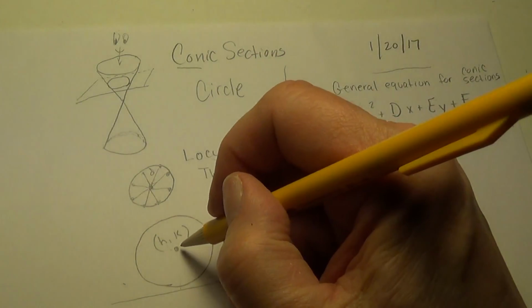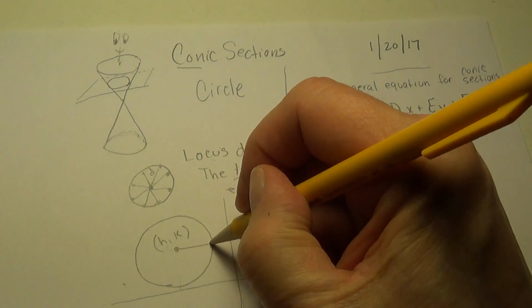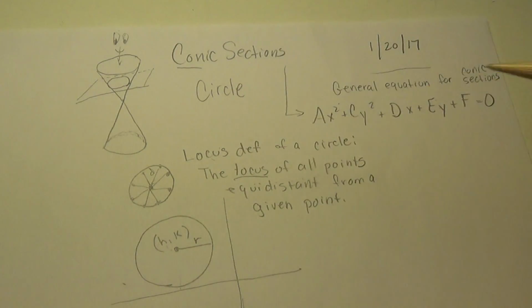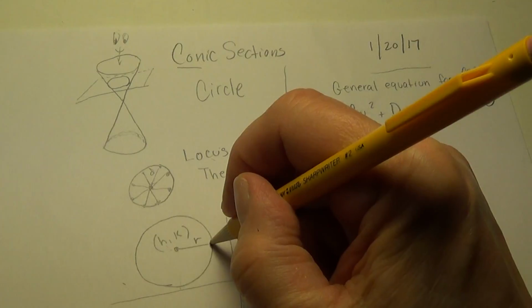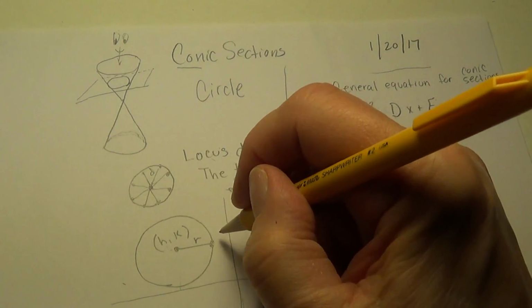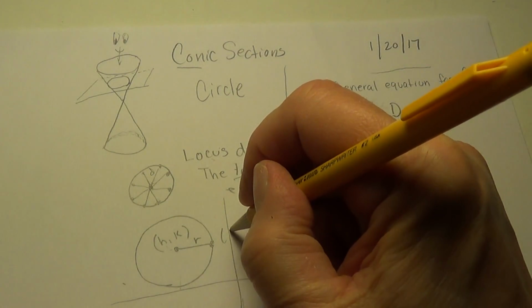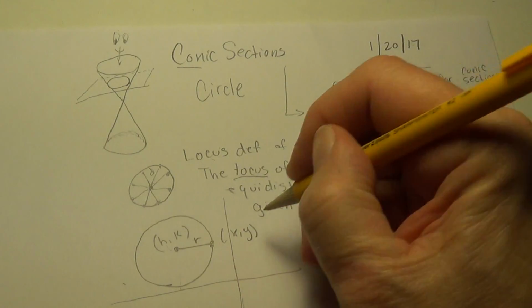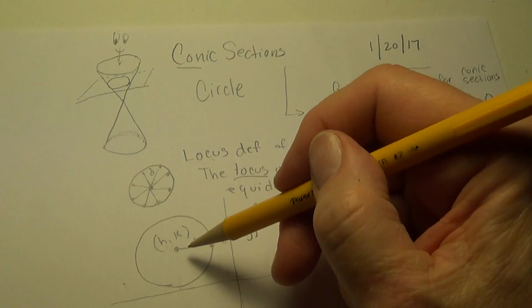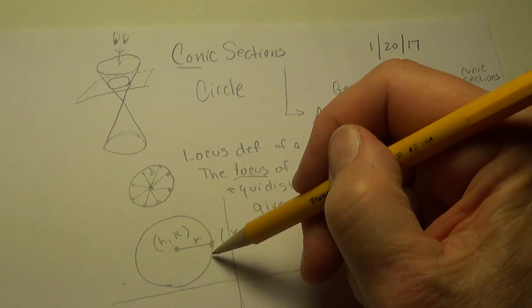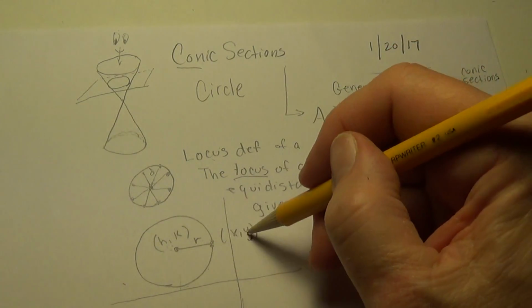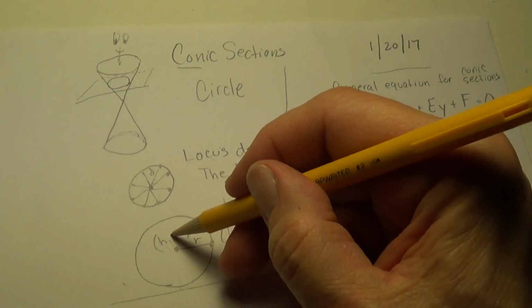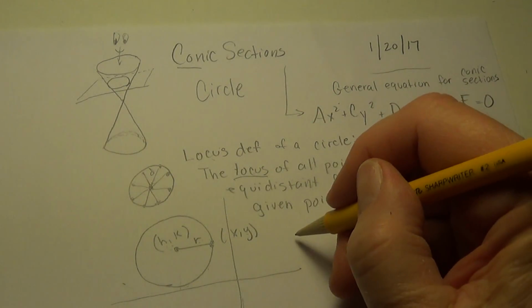HK, and we're going to say that the radius of this circle is R. All right, a point on the circle, any point, I'll pick that one, I'll call it XY. We can see that the distance from HK to any XY is always going to be R. So I'm going to throw this information into the distance formula.